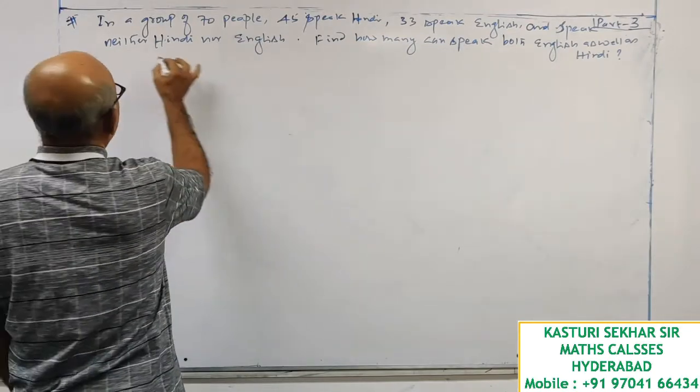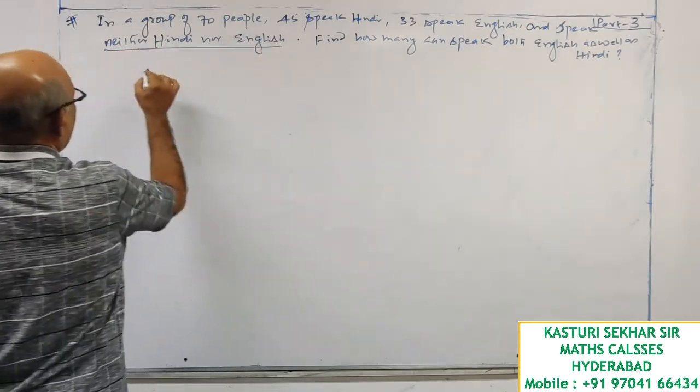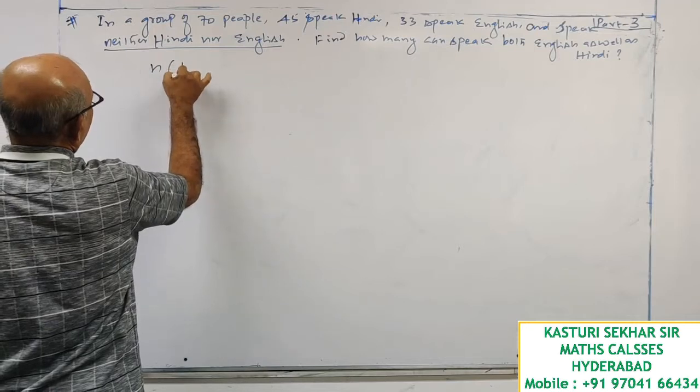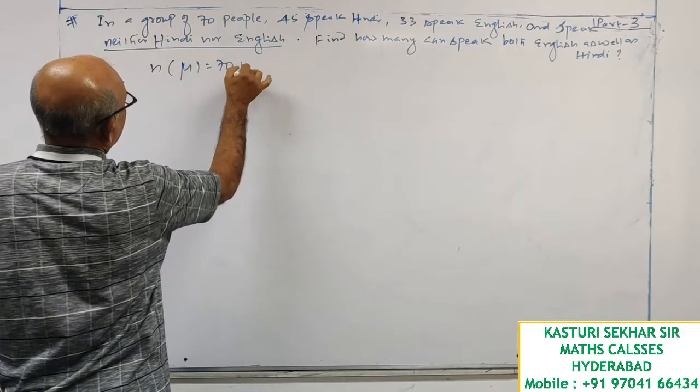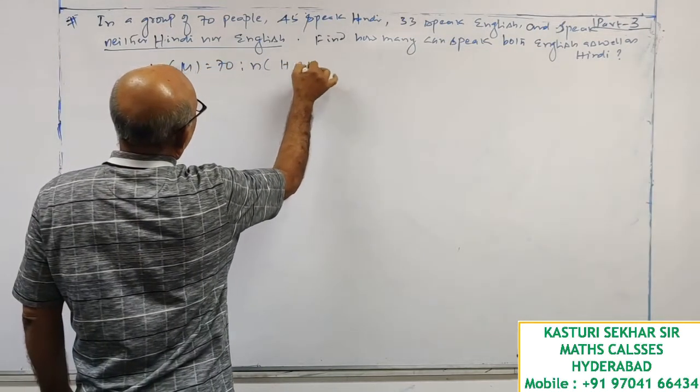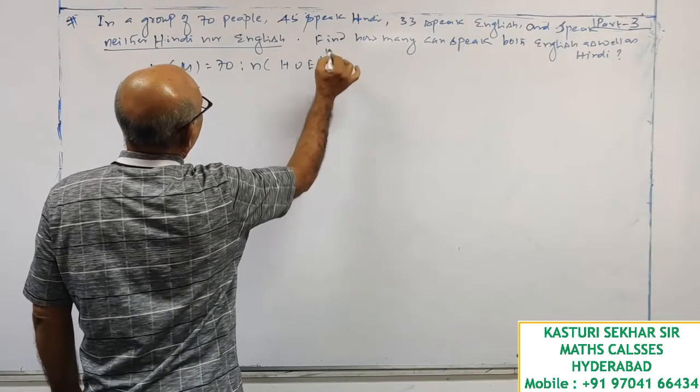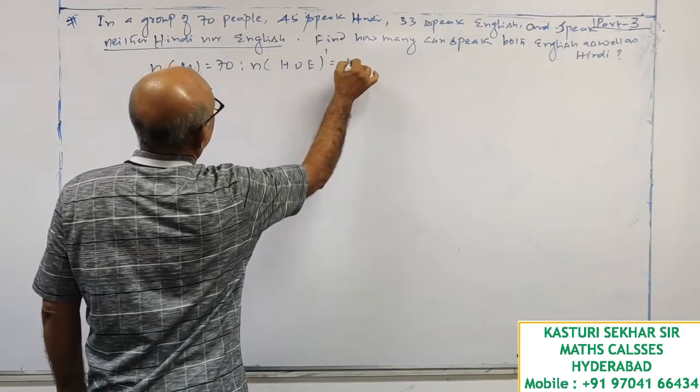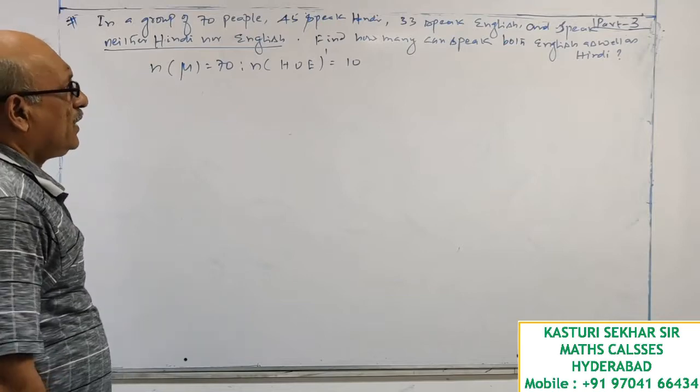Now sir, here neither nor is given. So let us take n of universal set is 70. N of Hindi union English complement is equal to 10.